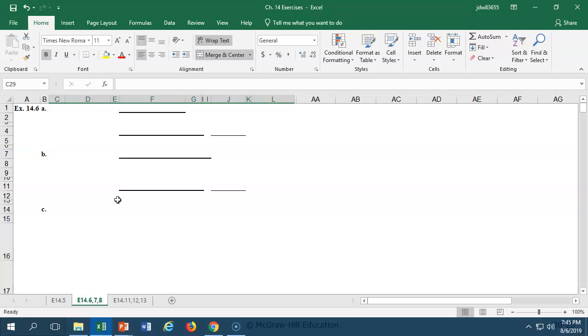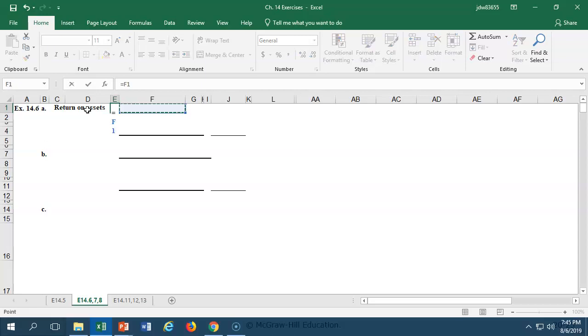In A, it says compute return on average total assets. So that is what we are calculating here, return on assets.